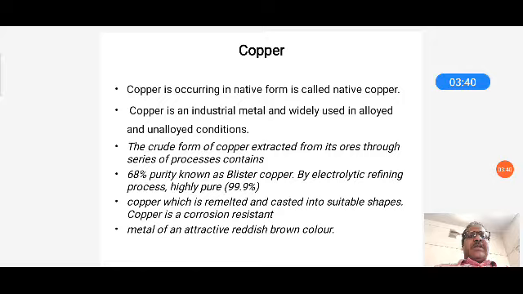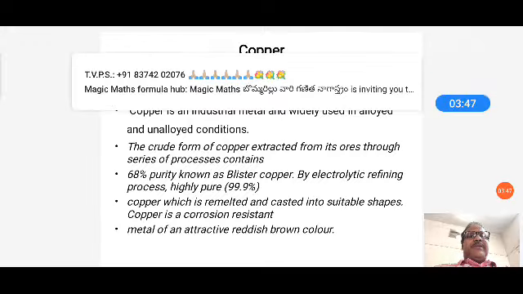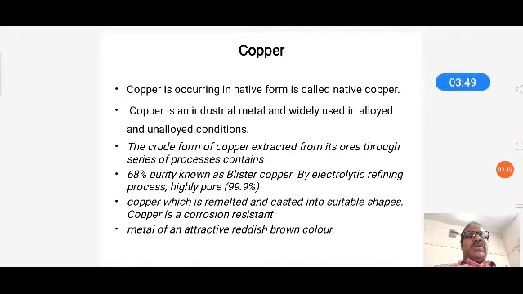Copper occurring in its natural form is called native copper. Copper is an industrial metal, widely used in alloyed and unalloyed conditions. The crude copper extracted from its ores through a series of processes, containing 98% purity, is known as blister copper.